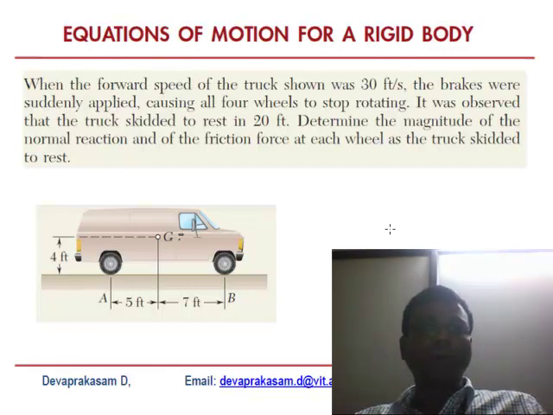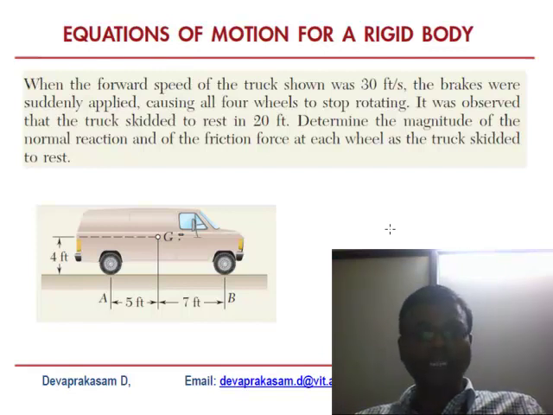When the forward speed of a truck as shown was 30 feet per second, so the truck moves at 30 feet per second, the brakes are suddenly applied, causing all four wheels to stop rotating. So what would have happened?